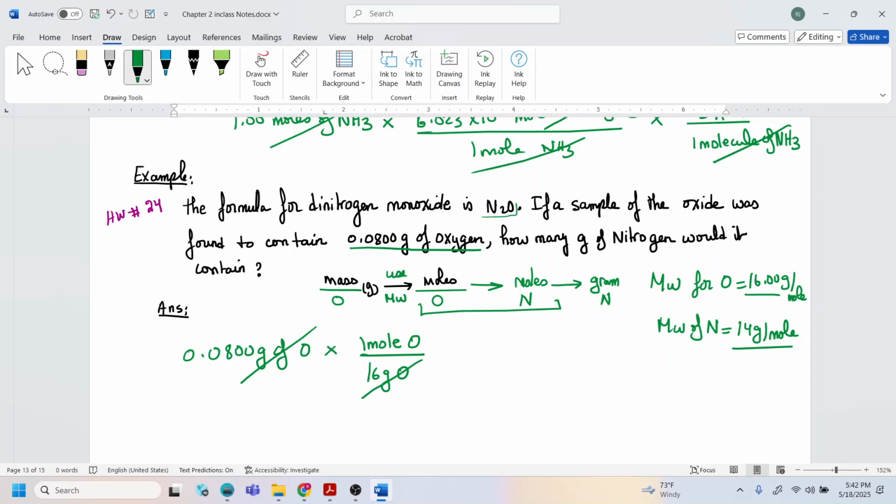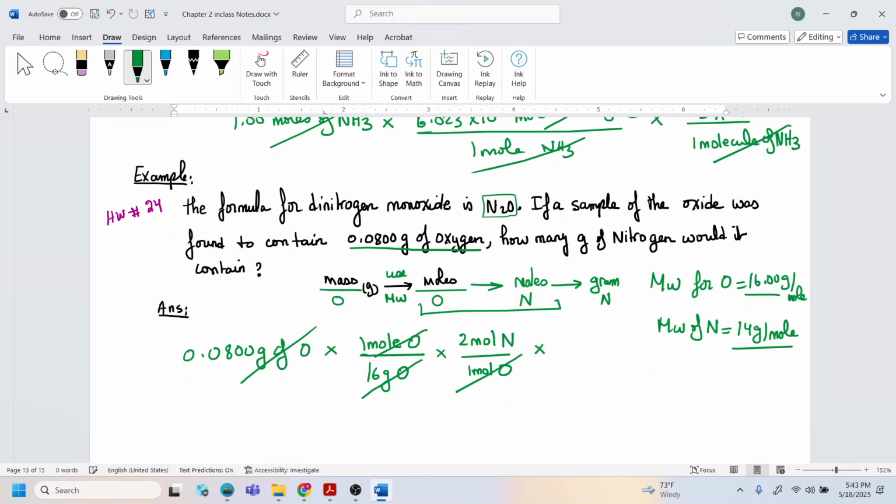N2O, it's given as the molecular formula in here, which is N2O. I can see that in the molecule, for every 1 mole of oxygen, I have 2 moles of nitrogen, right? So that is going to be for every 1 mole of oxygen. I need this in the denominator so that I can cancel the mole of the oxygen and introduce the moles of the nitrogen in there.